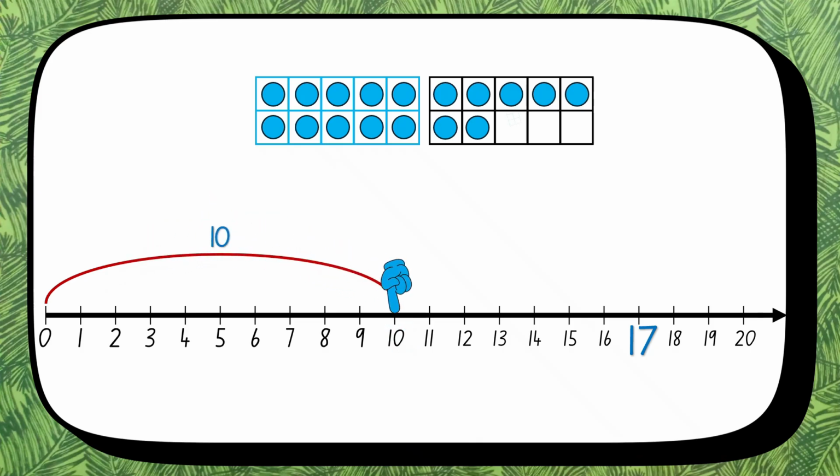And how many smaller steps will get us to 17? 1, 2, 3, 4, 5, 6, 7. 10 and 7. Count with me as we start at 10 and count on. What comes after 10? 11, 12, 13, 14, 15, 16, 17.